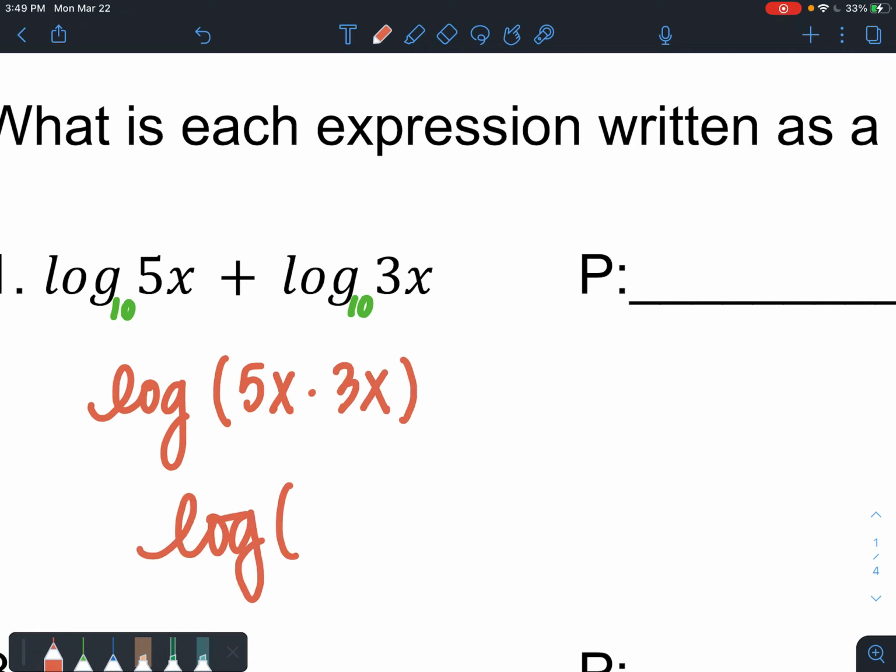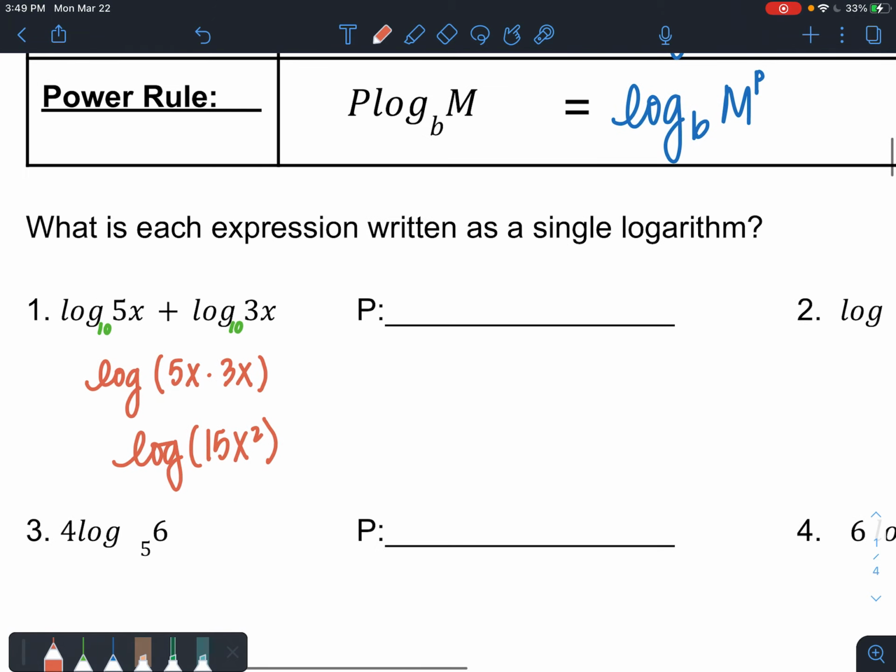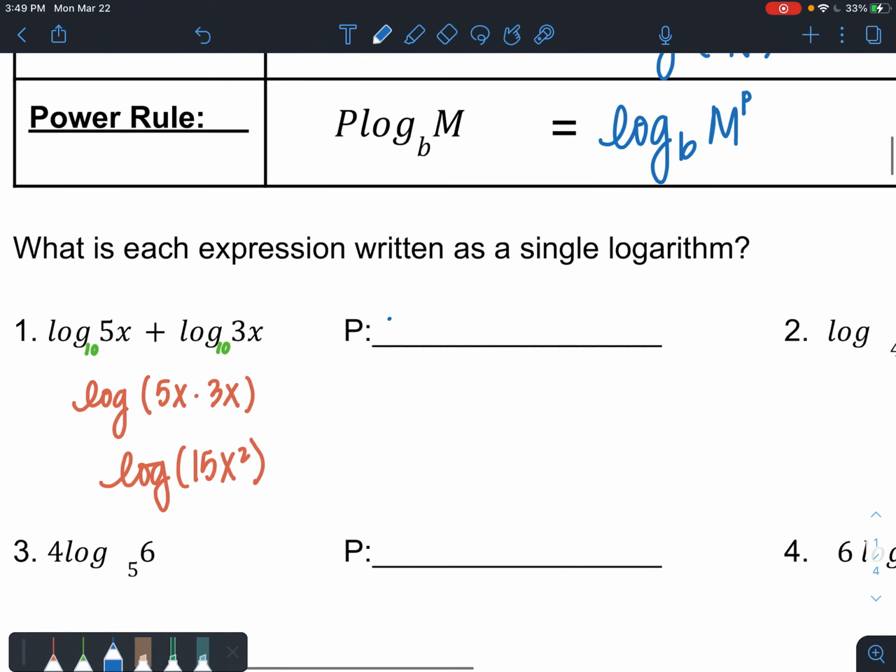So this ends up being log of 15x squared. Okay, and the rule that we used, that property, is the, what is it called? The product rule.